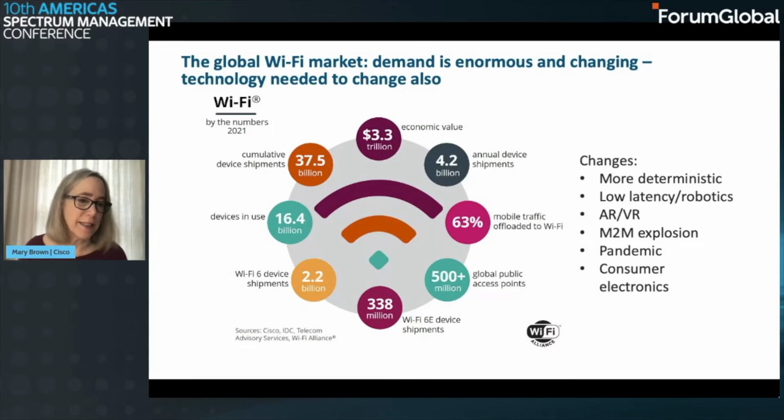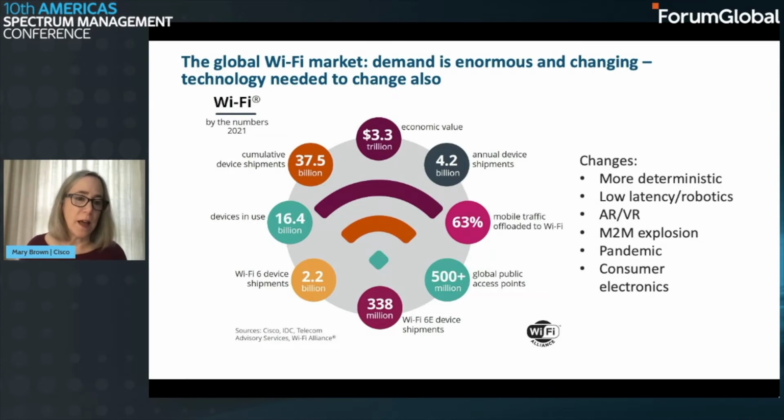One of the features about license exempt in the 6 gigahertz band is that it grows from an ecosystem, particularly in the Wi-Fi space, that is already enormous in terms of the number of devices in use, chipsets, access points, the economic value that this ecosystem brings.